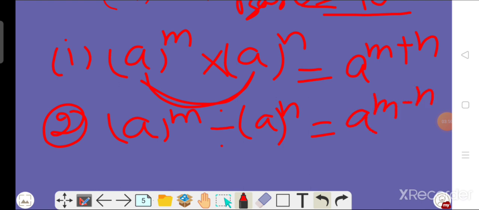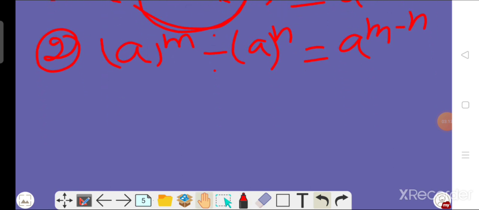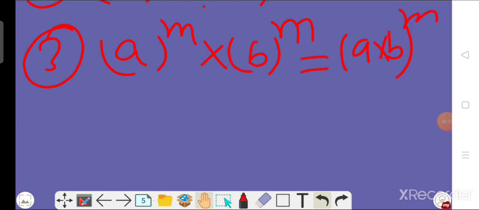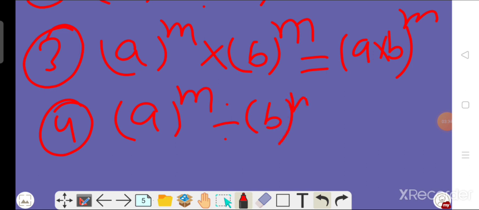Okay, and if we have different base and same power, a raised to the power m multiplied by b raised to the power m, this is equal to a multiplied by b whole raised to the power m. Clear? In the same manner, if we have division, a raised to the power m divided by b raised to the power m, this will become a by b whole raised to the power m.